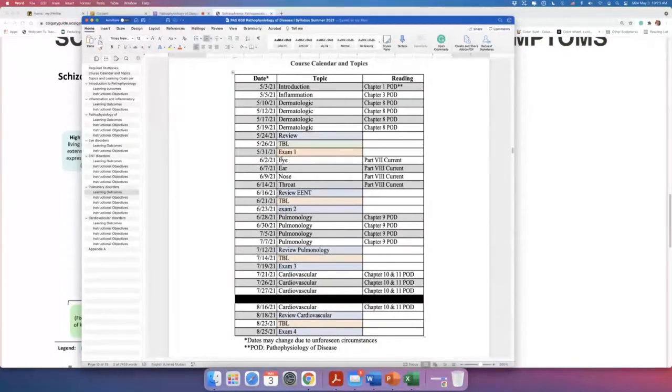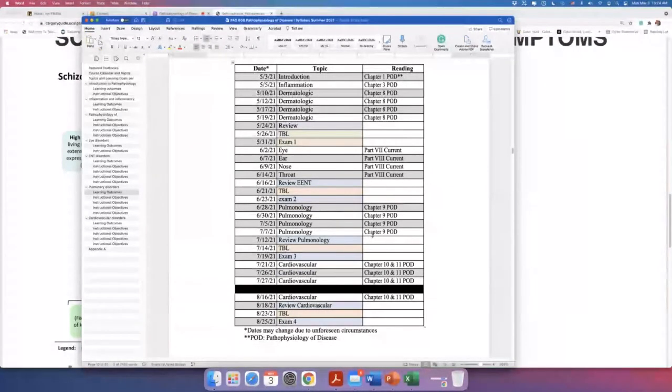So it's better that we use another source that has things more organized, so we don't have to be moving from one chapter to another when we study. So we are going to use Current Essentials of Diagnosis, the book you are going to be using for clinical medicine, which is also in AccessMedicine, part 7 for the eye and part 8 for ear, nose, and throat. After this, we are going to have a review and then TBL and exam.